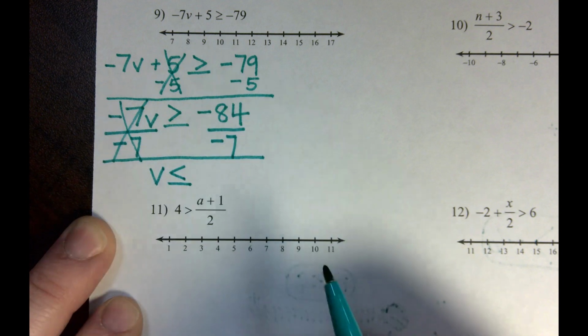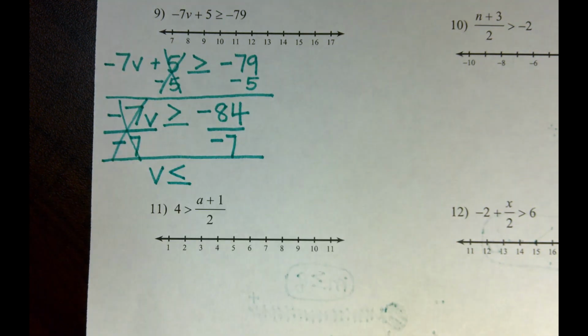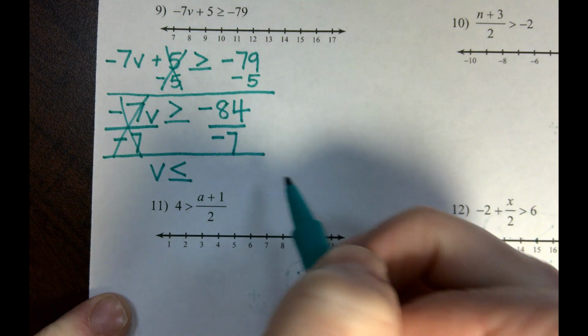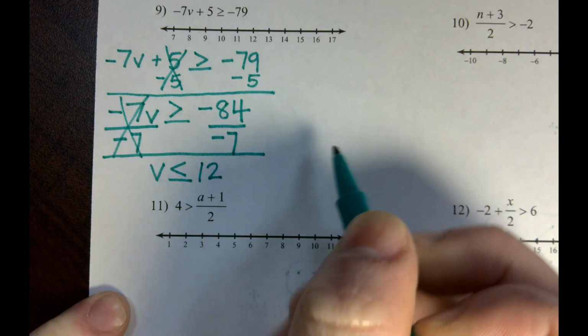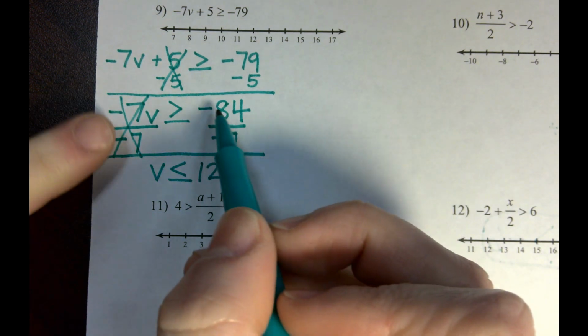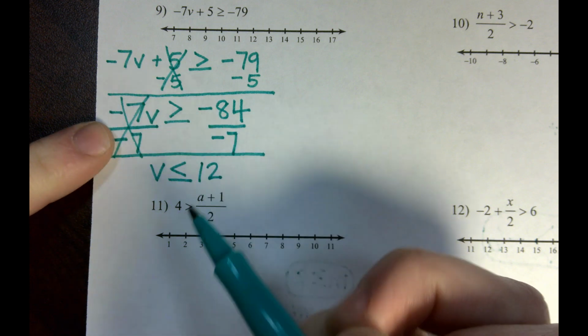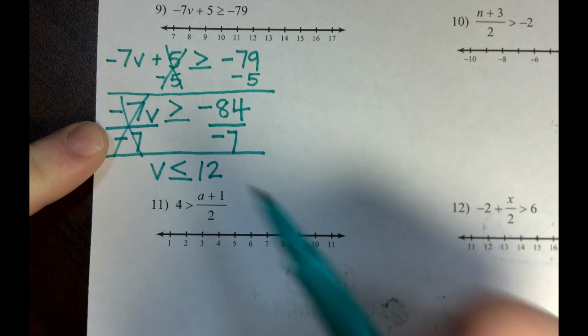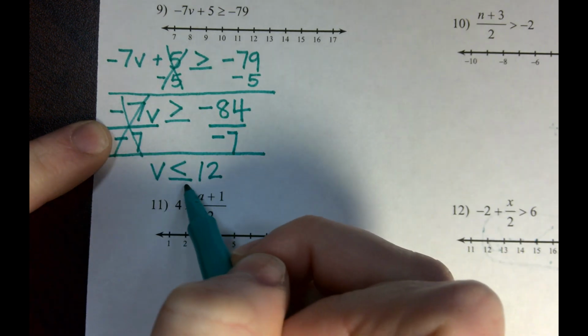We're just flip-flopping it. And let's see, -84 divided by -7. It's 12. Is it positive 12 or negative 12? Positive 12. If we multiply or divide two negative numbers, those negatives cancel out, it becomes a positive number.